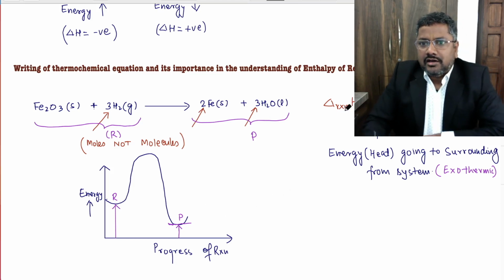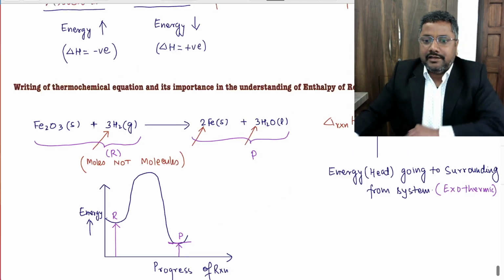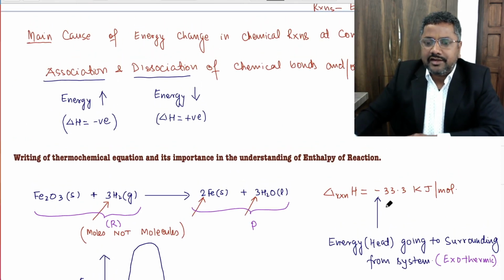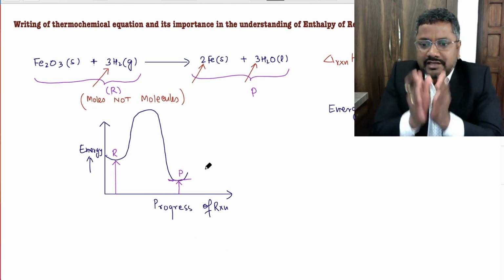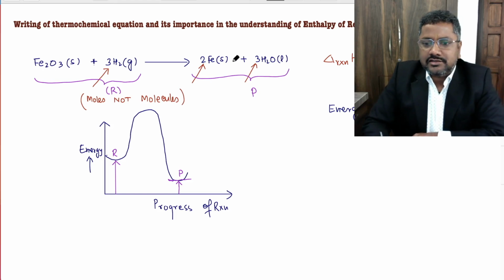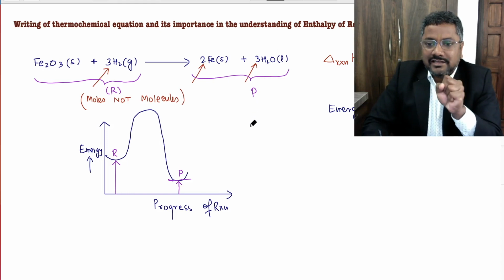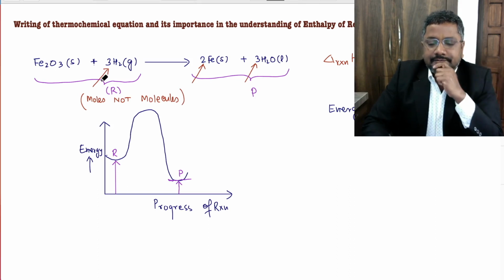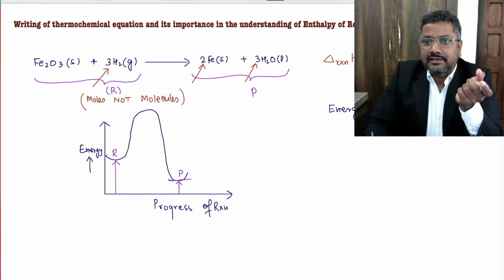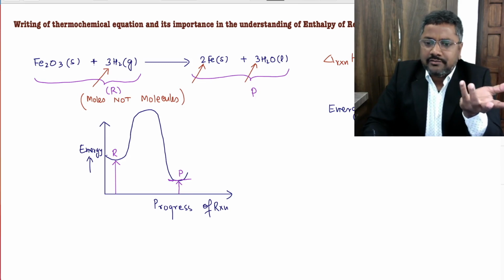Means once this data is given in any question, you can interpret it like this also: because this is not one product, you have to write that the sum of average energy of products is less than the sum of average energy of reactants. By what factor? By this factor, 33.3 kilojoules per mole. At this time don't say minus, because already you have explained that the energy of products is less.